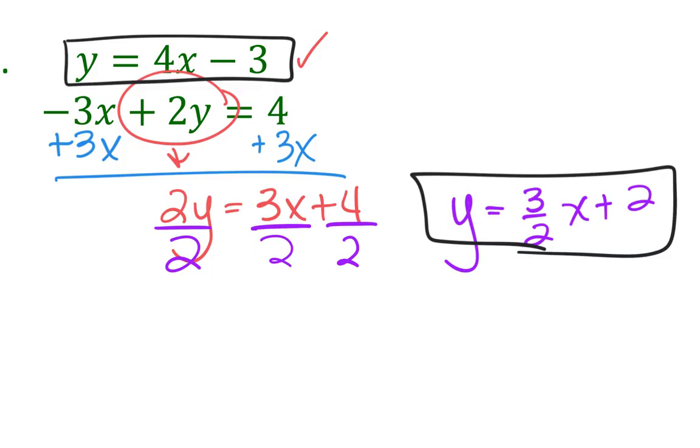All right, so then from here, remember, how do we get a new page? Do you remember, we press Control Dock, and then we hit 2 for add graphs or for a new graph. All right, the first one is 4x minus 3.